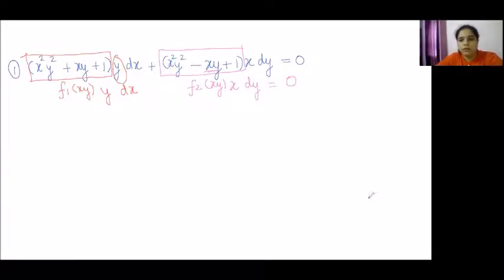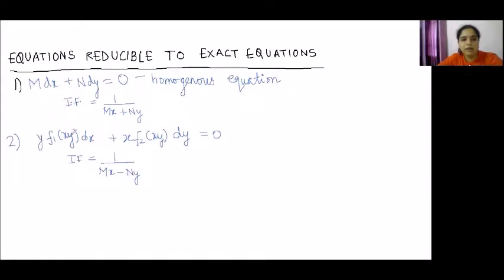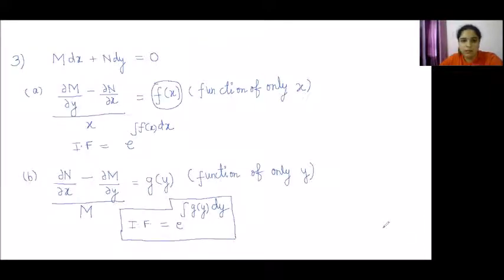Now, if we see the rules which we have discussed, then this is the second case: y f1(xy) dx plus x f2(xy) dy equal to 0. The integrating factor will be 1 upon mx minus ny. So this is of the second type.